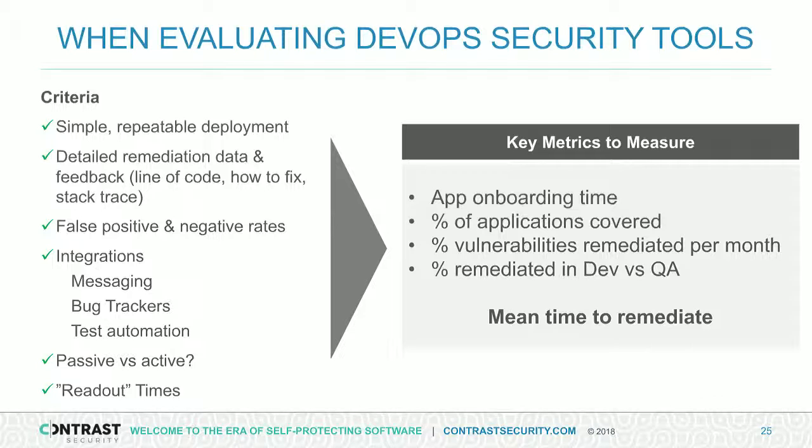I'm not going to go through each of these, but make sure that when you have a dialogue, these things are discussed with the vendor and that you feel comfortable that you've got the right tool. And then even just looking at some of the key metrics to measure, looking at remediation, the percentage of vulnerabilities that are remediated, number of applications covered. Those are all things that you should be talking to your vendors about.